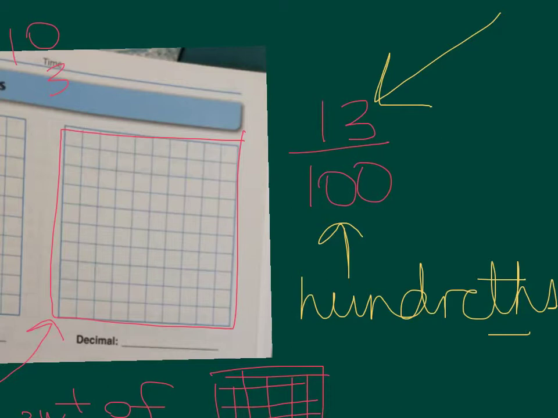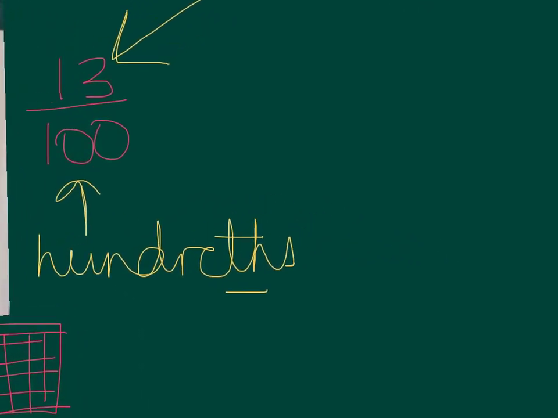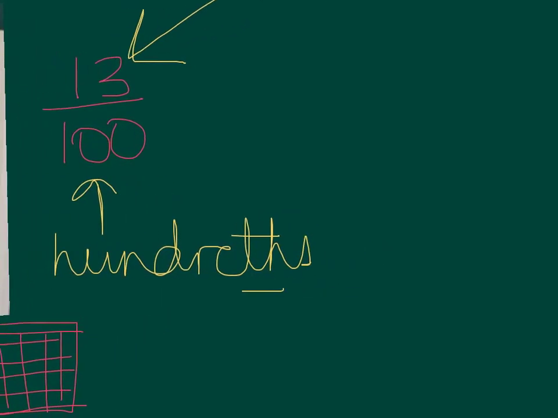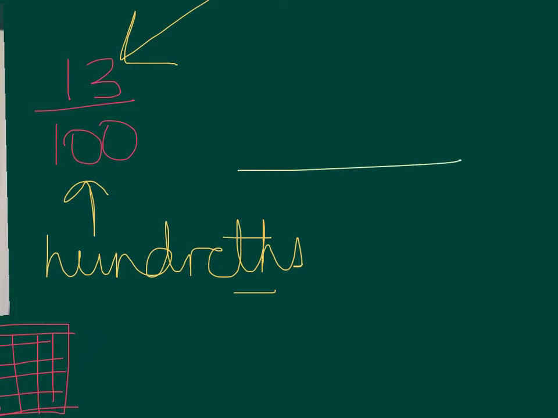How do we do a hundredths in decimal form? 13 hundredths. 0, we have no whole numbers. Point, and then you have to think about those two things.